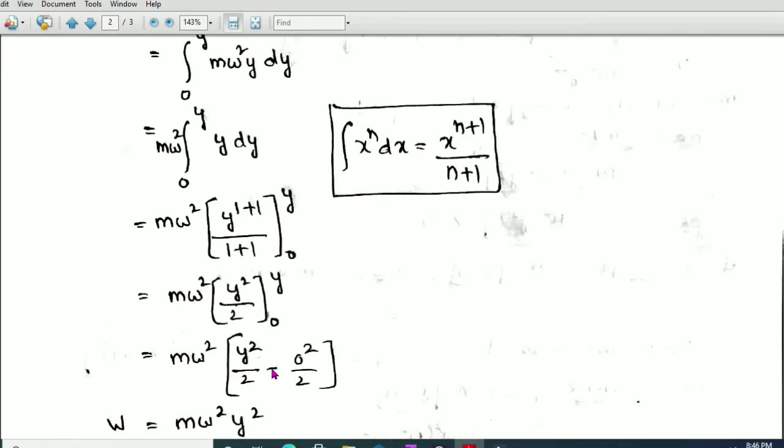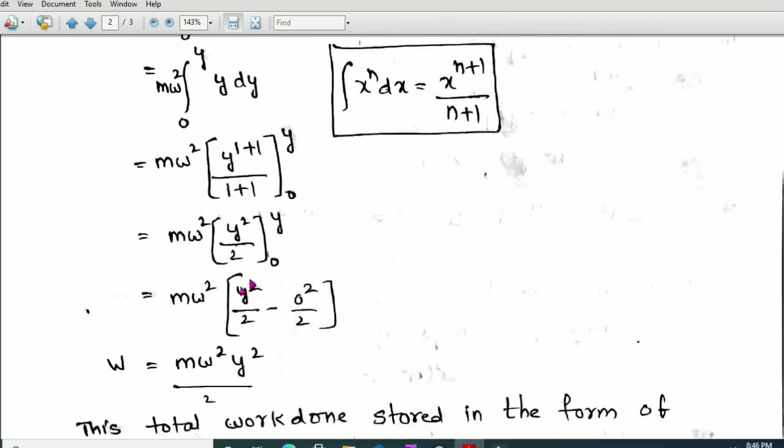The lower limit is 0, so if you take 0 in place of y, it gives 0 square by 2. This is the application of the limits: first apply the upper limit, and for the lower limit take minus.